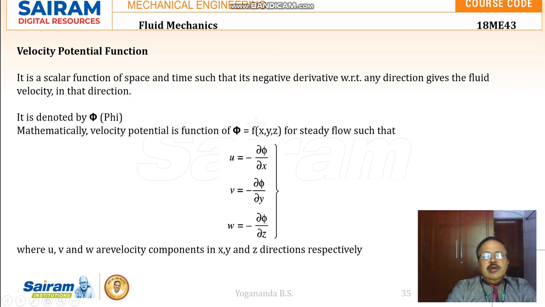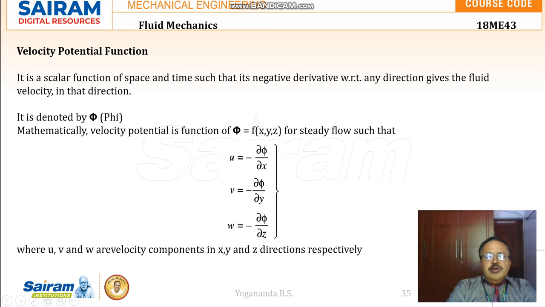If we take the negative derivative of this function phi with respect to any direction, maybe x, y or z, it will give the fluid velocity in that particular direction.